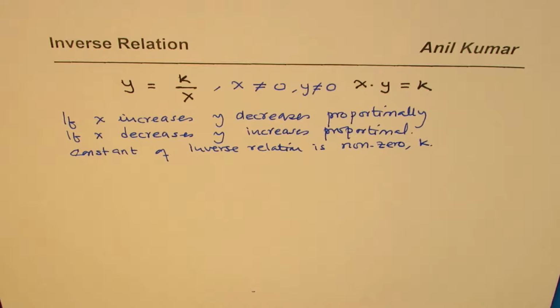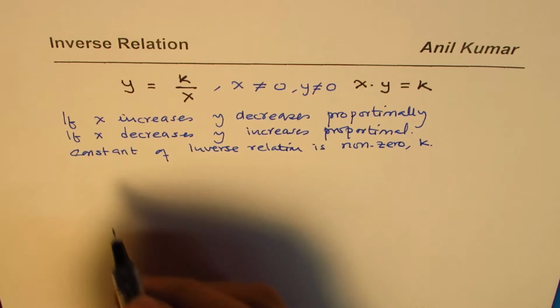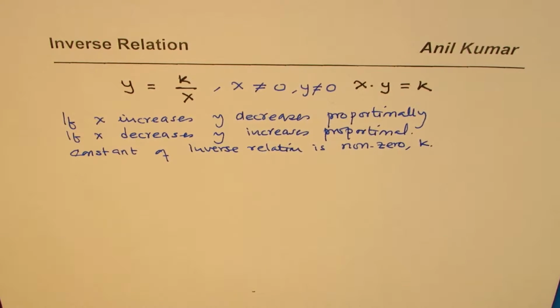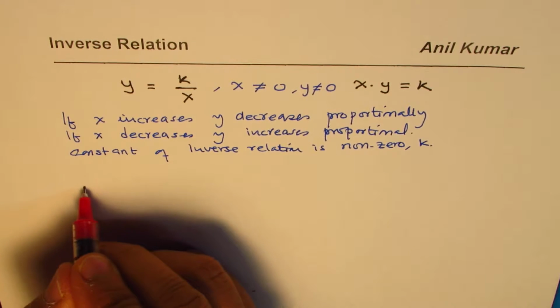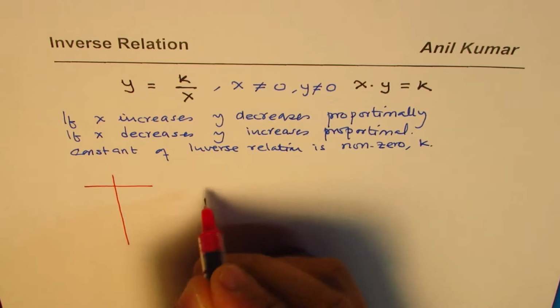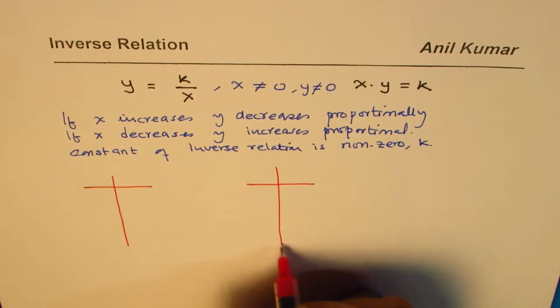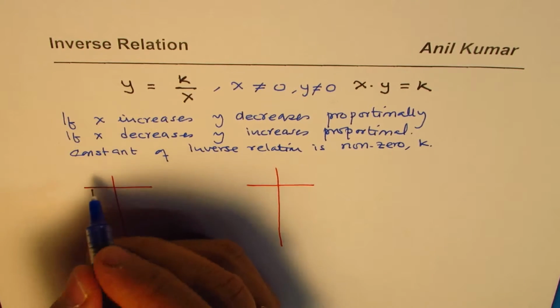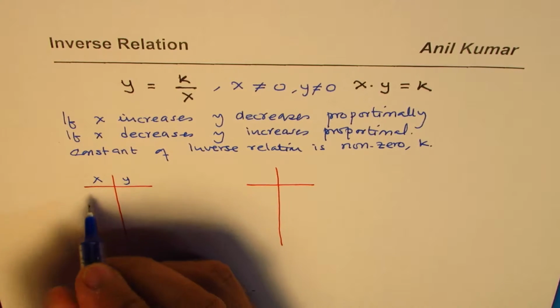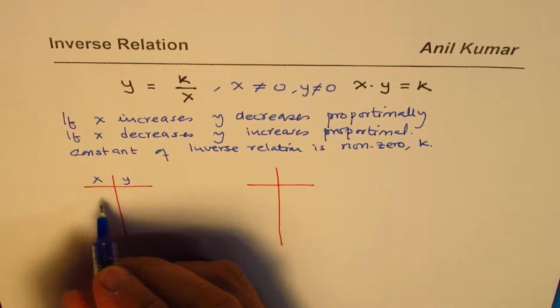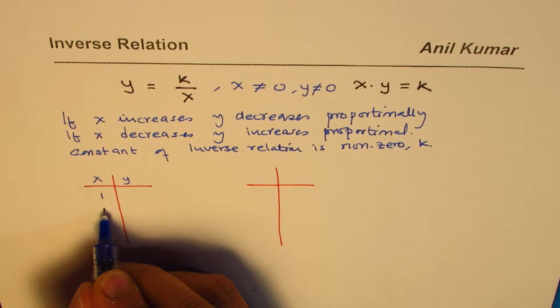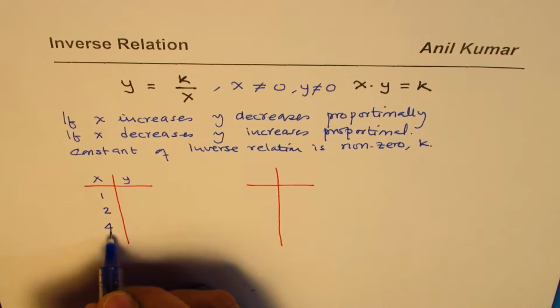So let us take a few examples and identify whether these examples do show us inverse relation or not, right? Let me take two examples. For example, I have a table of values for x and y. Let us say we have x values and y values. Let's take x values as 1, 2, and 4 for both.